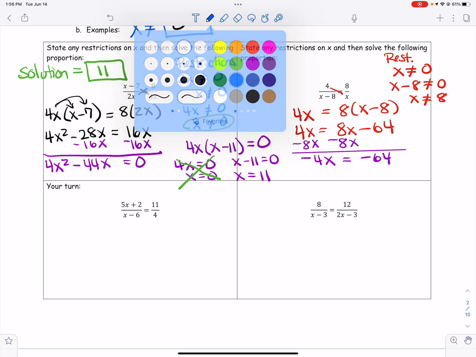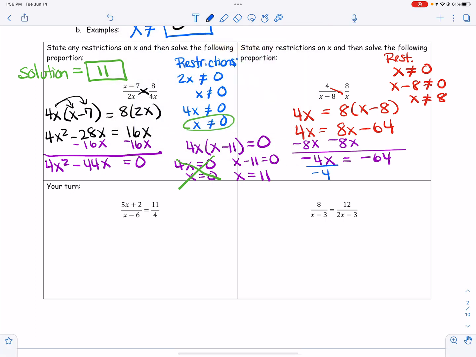Then I'm going to divide by negative 4. So x comes out to be positive, and 64 divided by 4 is 16. And 16 was not a restriction, so this is a true solution.